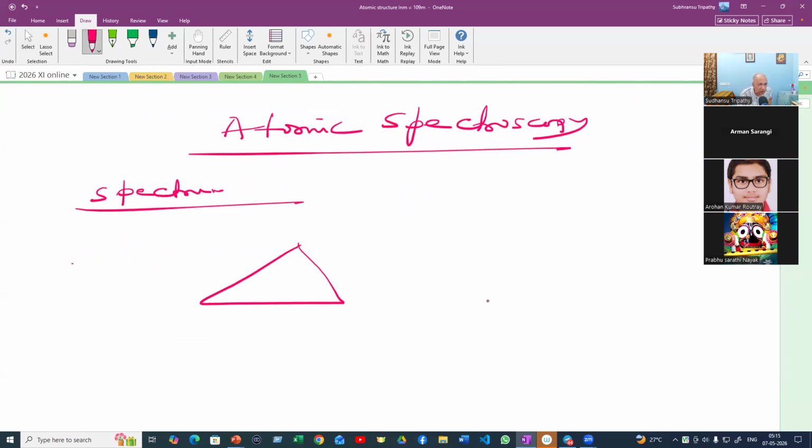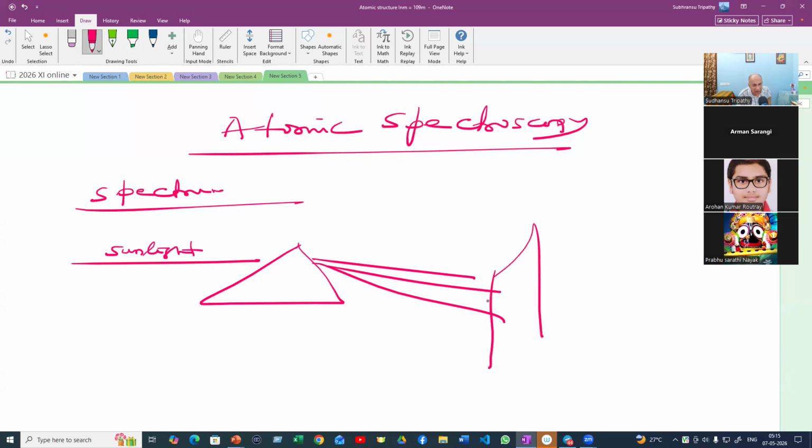When white sunlight is passed through a prism, it is dispersed into 7 colors. We say 7 colors for fun, but there are an infinite number of colors. But to our eye, we visualize VIBGYOR.